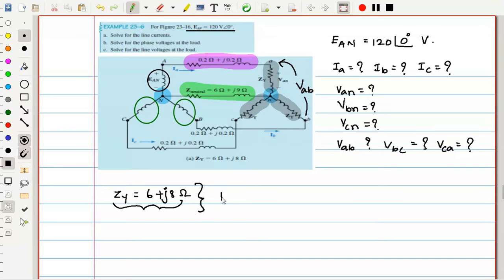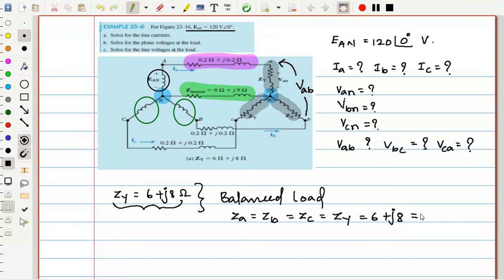What does it mean? It is a balanced load. How are we saying this is balanced? Because ZA is equal to ZB is equal to ZC is equal to ZY, which is equal to 6 plus j8. Can you tell me this in polar form?